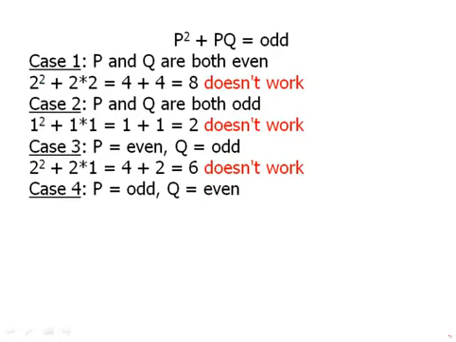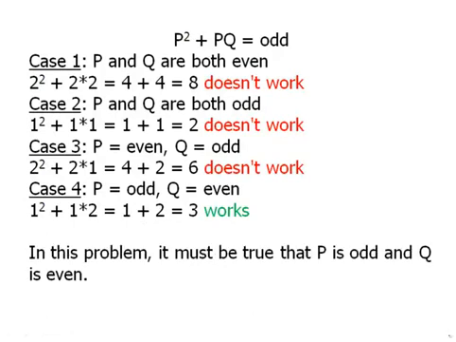Now we're going to plug in p equals 1 and q equals 2. And here we're going to get 1 plus 2 is 3. That definitely is an odd number. That works, and that's the only case among the 4 that works. Therefore, we know in this problem it must be true that p is an odd number and q is an even number. We're able to figure that out from the 4-case method.